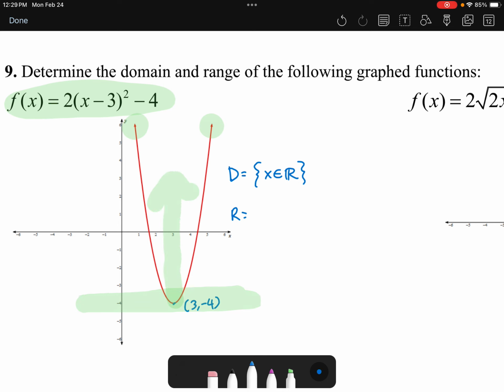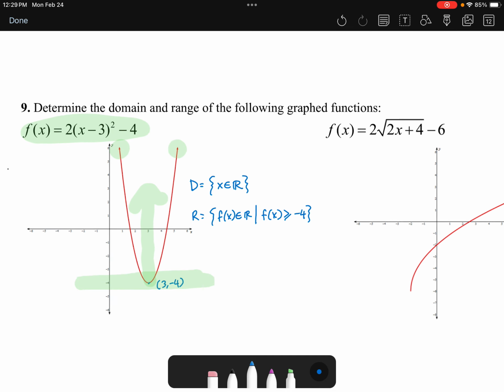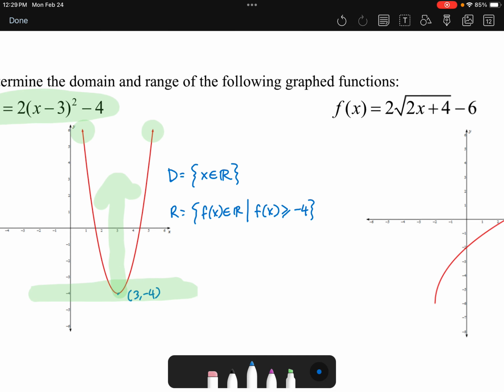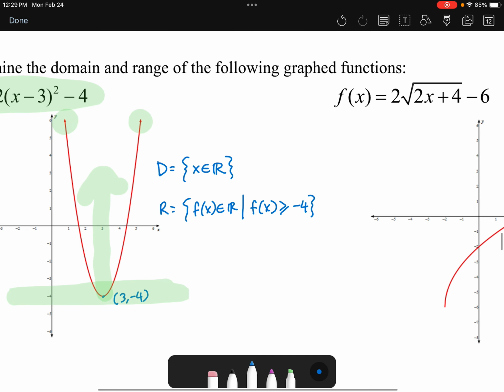So the range for this is f(x) belongs to the set of real numbers, such that it will only be greater or equal to -4. -4 is the bottom, and it'll go higher and above that. So our range is written using this notation: f(x) belongs to the set of real numbers such that f(x) is greater or equal to -4. So that's our first question.